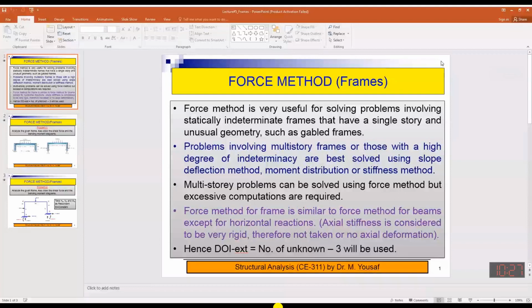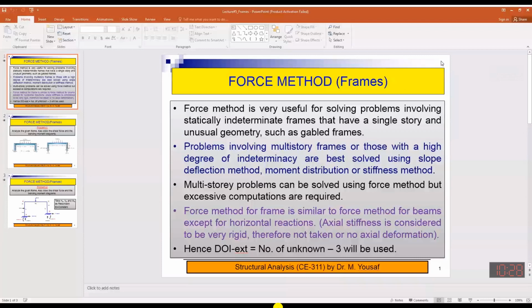We do not calculate it. Also, we do not consider the deformation in the axial direction. However, in case of frames, this axial force serves as the shear force for the column. So only this is the difference.